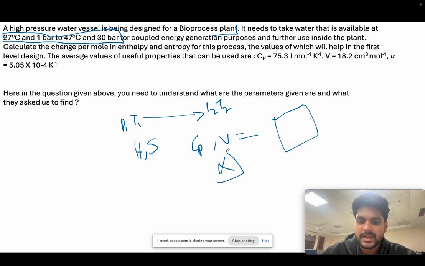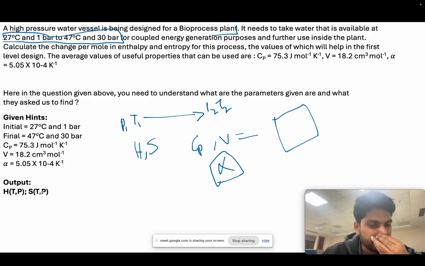Alpha is nothing but the expansivity. So these are the parameters they have given. The output they asked for is the enthalpy with respect to temperature and pressure, and the entropy. If you write it like this, the question is done. Once you understand the given parameters, write H in terms of T comma P.